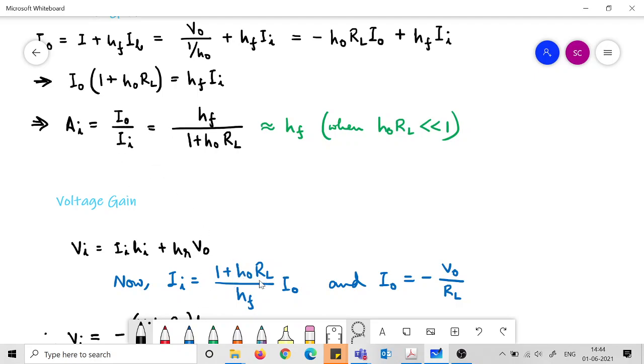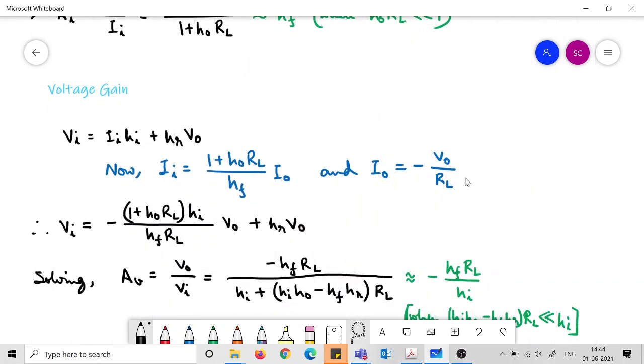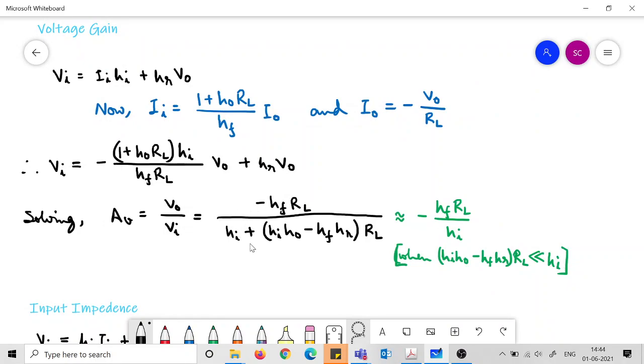II and IO have a relationship like this, and IO is also minus VO by RL. So we use these to replace II with IO, and then IO is replaced by VO. So we get this expression. There is a relationship coming out for VI and VO. So AV being VO by VI, you can solve, and this is the relationship that comes out. Quite complicated one.